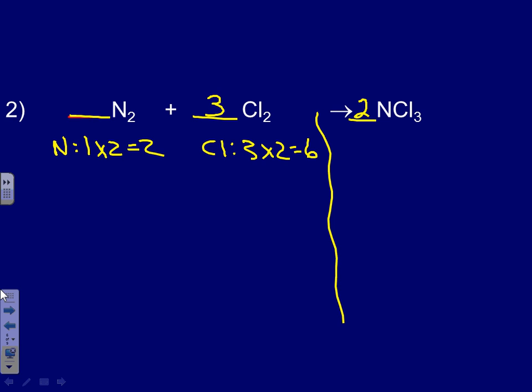All right? 3 times 2, calculate it. N's, 2 times 1. Remember, if there's nothing there on the N, it's a subscript of 1. 2 times 1 is 2. CL's. 2 times 3 is 6. Is this balanced? Yes, it is. We've done the check. Okay?